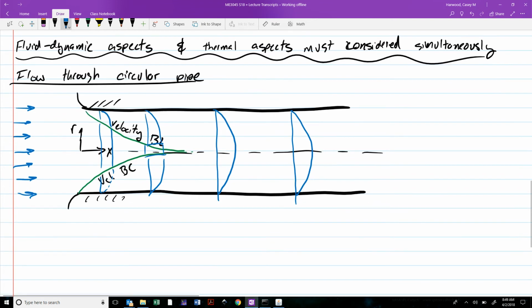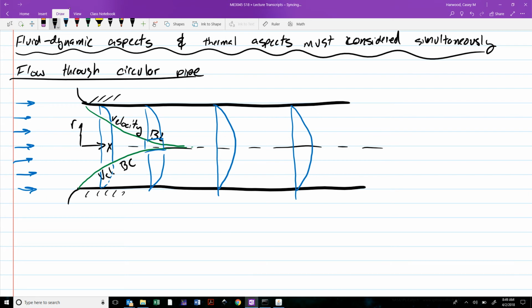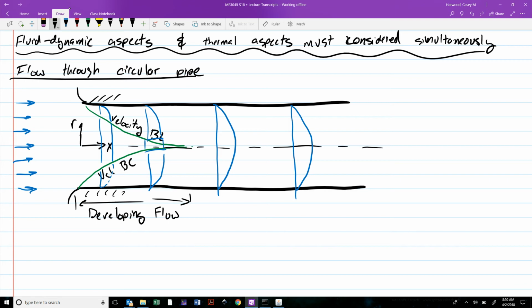So we refer to this point before they meet as developing flow. And we refer to every point downstream of that as fully developed flow.